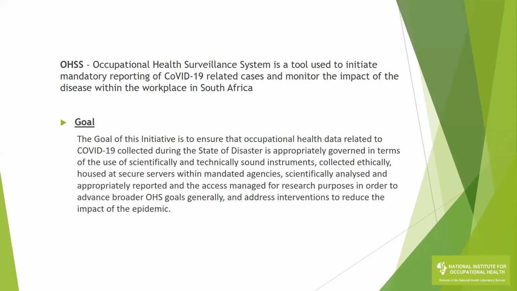The goal of this initiative is to ensure that occupational health data related to COVID-19 collected during the state of disaster is appropriately governed in terms of the use of scientifically and technically sound instruments, collected ethically, housed at secure servers within mandated agencies, scientifically analyzed and appropriately reported, and access managed for research purposes in order to advance broader OHS goals generally, and address interventions to reduce the impact of the epidemic.